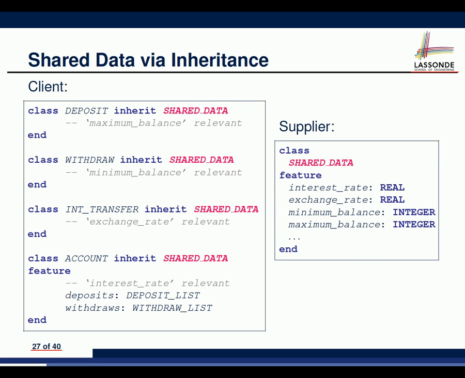And then we also got the shared data over here, which you can see is a common ancestor for all the classes. The shared data would put all the information here, including interest rate, exchange rate, minimum balance, maximum balance, and so on. All the information that should be shared by any of the classes related to the bank will be put here.